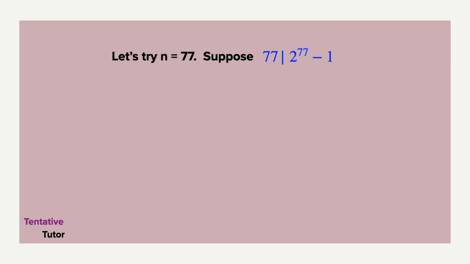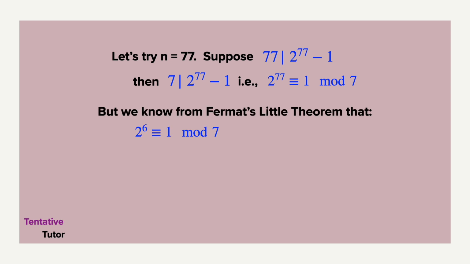Let's try n equal to 77. Suppose once again that 77 divides 2 to the 77 minus 1. And we'll also take the smallest prime that divides 77, and that's 7. Since 7 divides 77, 7 must also divide our number 2 to the 77 minus 1, meaning 2 to the 77 is congruent to 1 mod 7. But we know from Fermat's little theorem that 2 to the 6 is congruent to 1 mod 7.